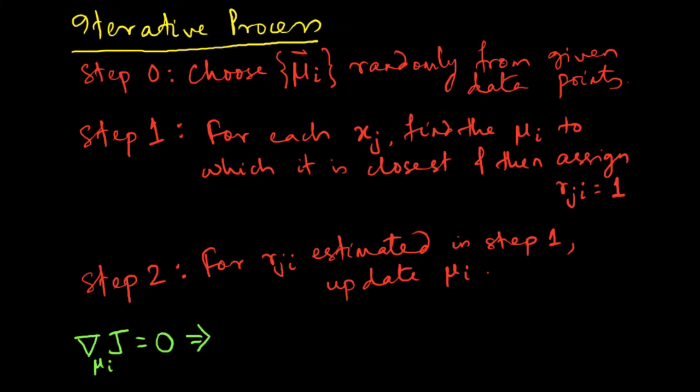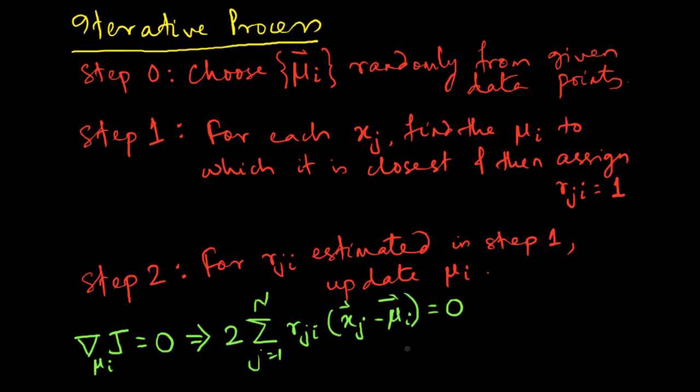So this implies 2 times summation j equal to 1 to capital N of rji into (xj vector minus mu I vector) is equal to 0.